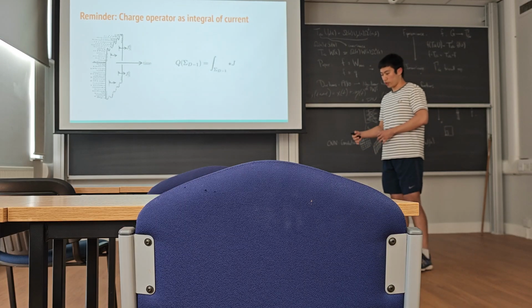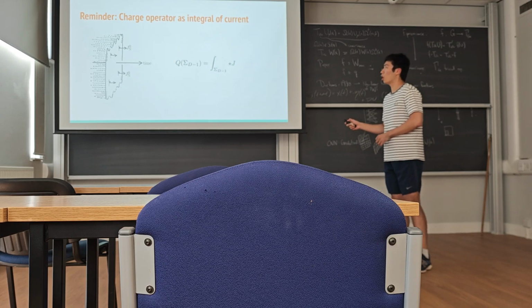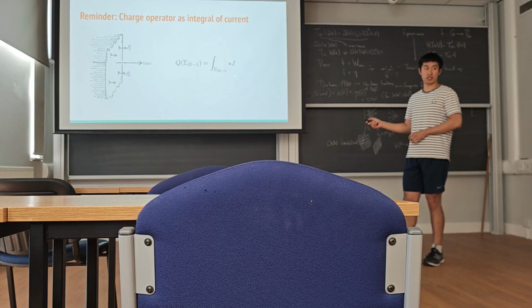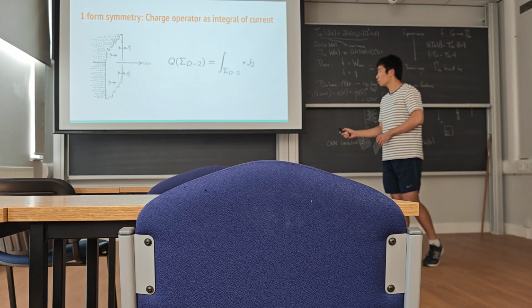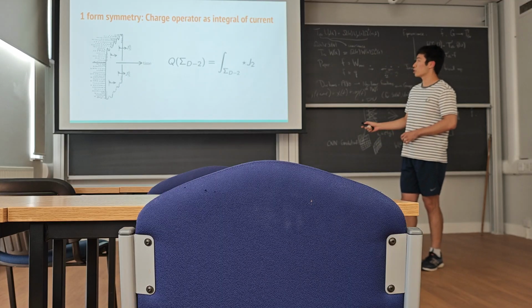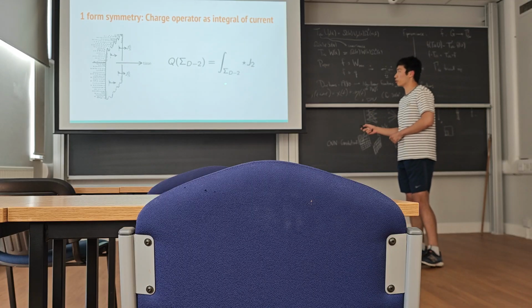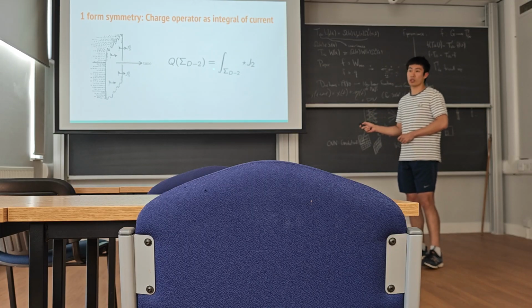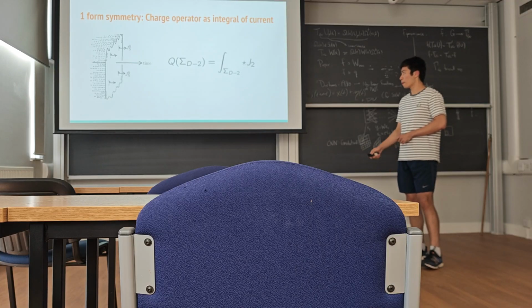Now, in order to go further, we remind first that the charge is the integral of the Hodge dual on a d minus 1 dimensional submanifold. And so now the charge for J mu nu, a two-form current, is an integral over a d minus 2 dimensional submanifold. Okay, a simple generalization.